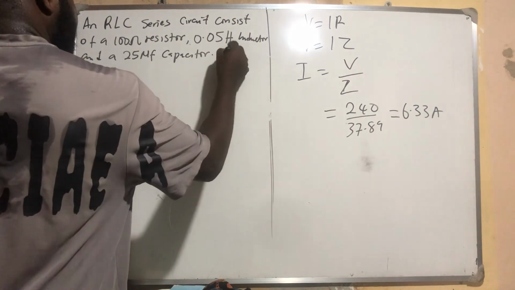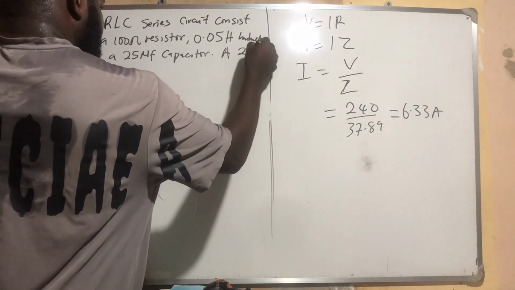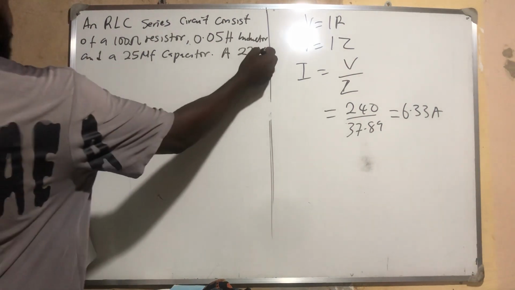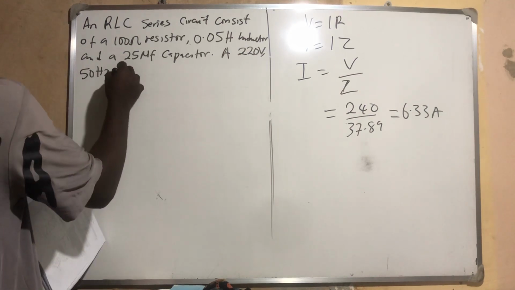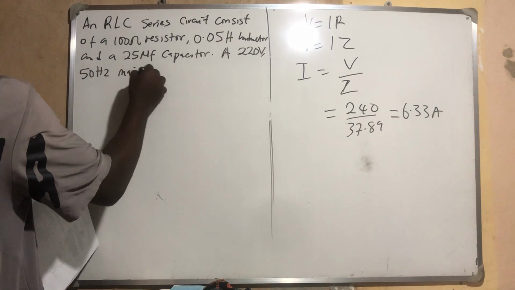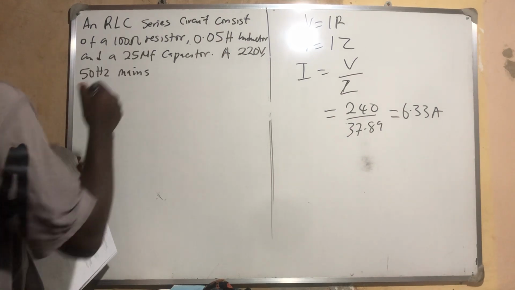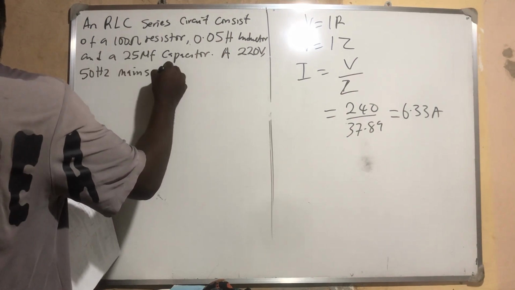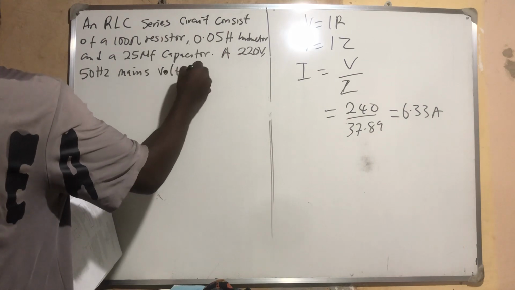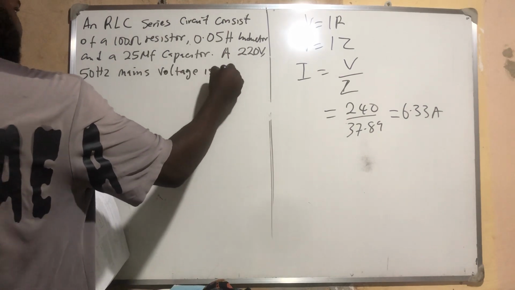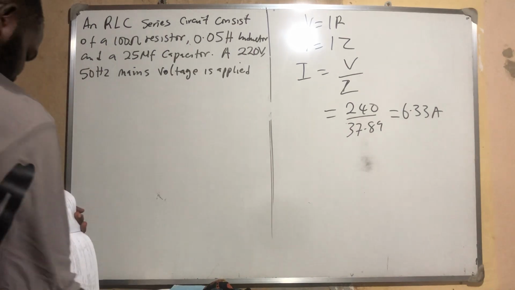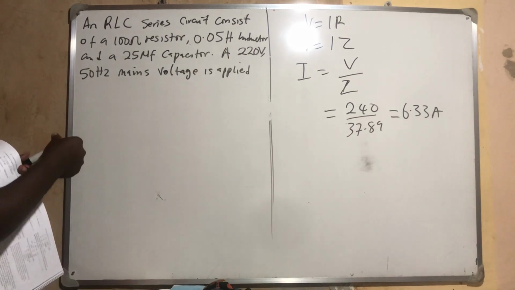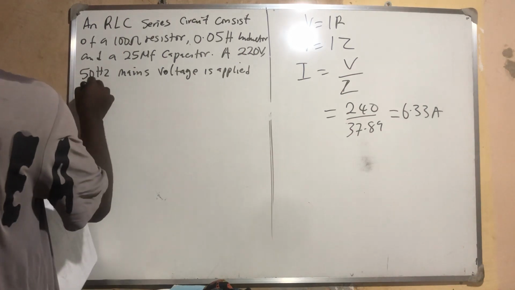Then a 220 volts, 50 hertz voltage is applied. So what happens after the voltage is applied across the circuit?